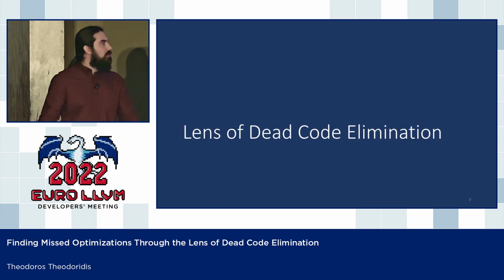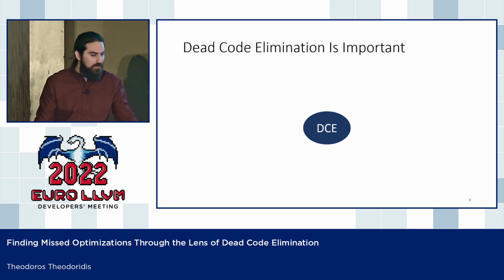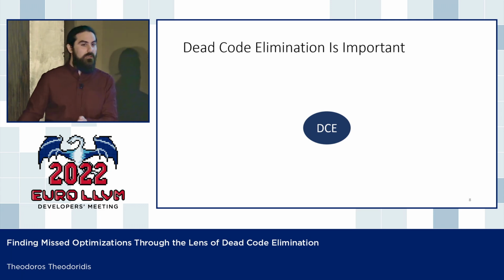So what is this lens of dead code elimination, and why do we use it? So DCE is a transformation that removes code that can either never be executed or whose execution does not affect the program's behavior. The important thing is that by removing dead code, we simplify the remaining alive code.